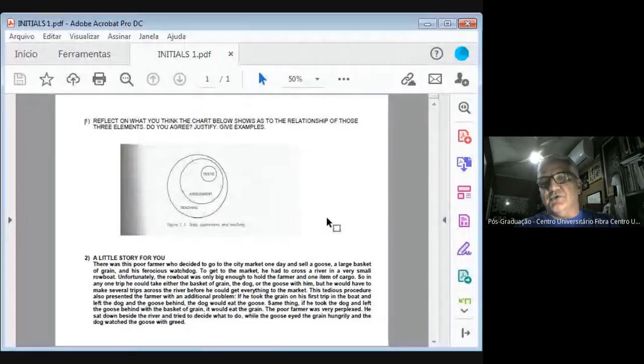So you're going to read the story, tell me what is missing or not missing, what you can see as assessment and what you can see as evaluation in the story. Then you're going to relate that to one example of your own situation. That assignment is worth 3 points.